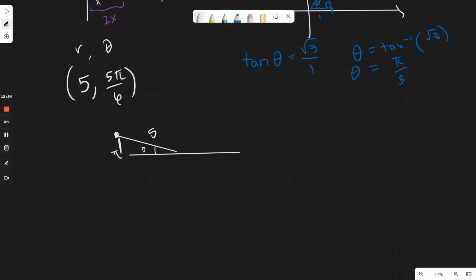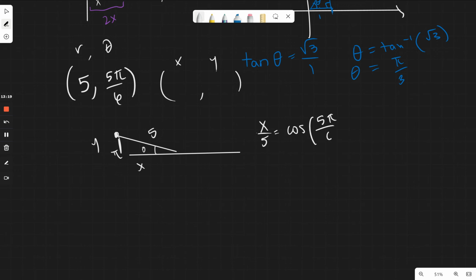And so, we need to find the x and the y, right? X, y. They are something which we do not know. We need to find those values. So, we can say that x over 5 is cosine of theta, which is 5 pi over 6.